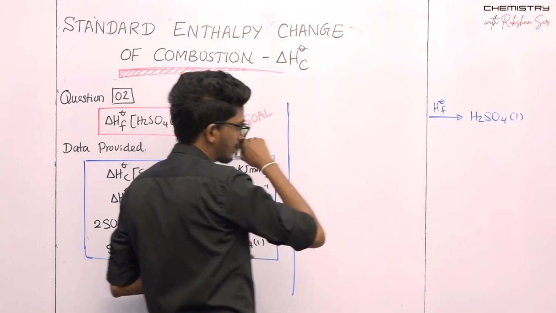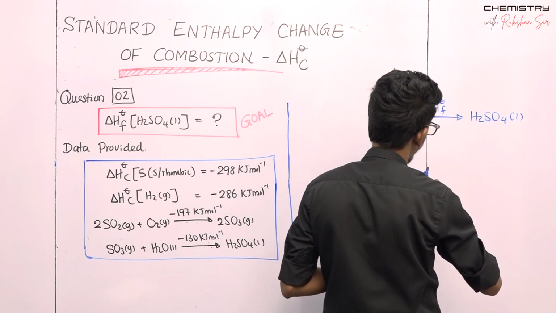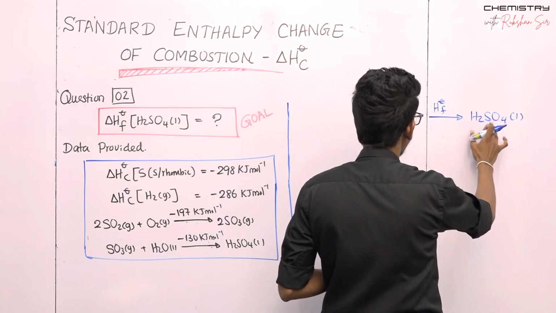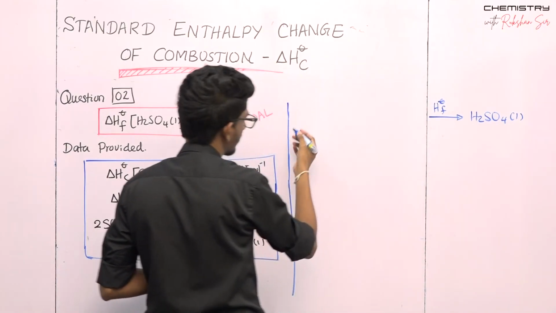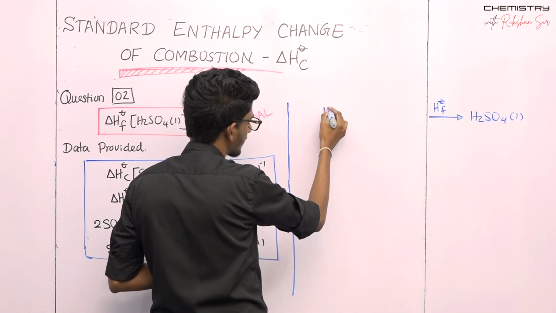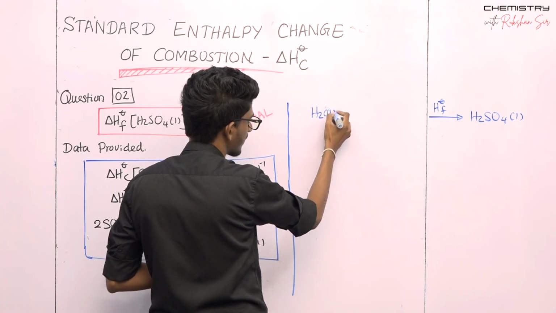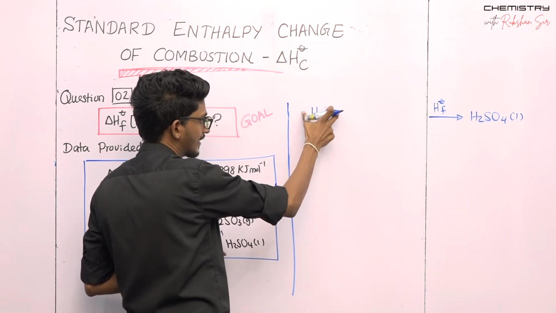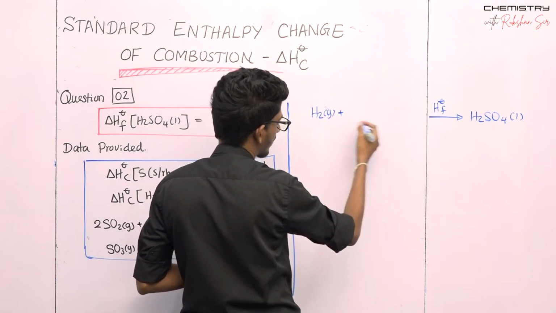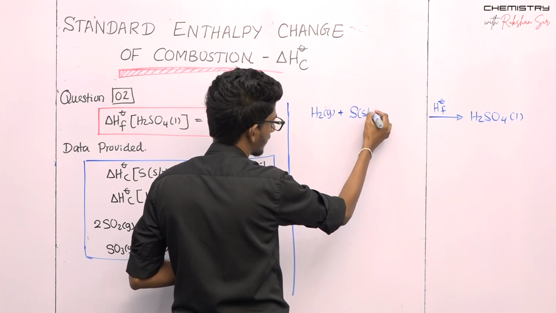So formation means you have to start with what? You start with the reference forms of the constituent elements. So you have hydrogen there, so its reference form is what? Hydrogen's reference form is H2 gas. You have two hydrogens, so two hydrogens are represented by this form, right? And you have sulfur there. Sulfur's reference form is sulfur solid rhombic.